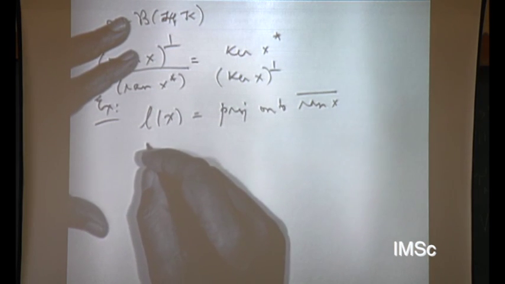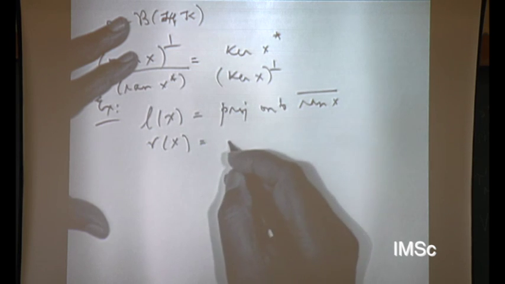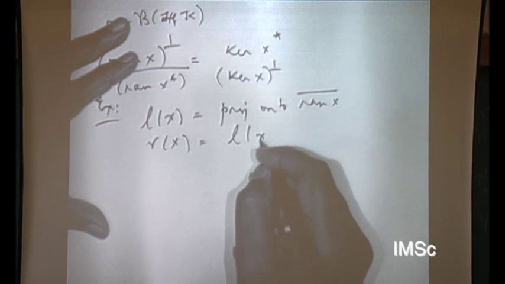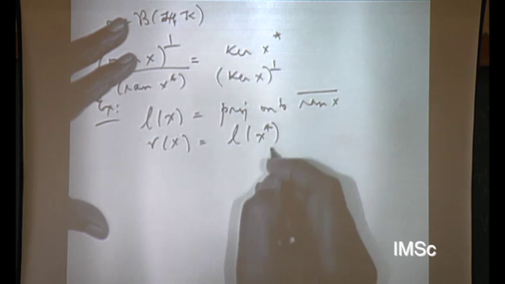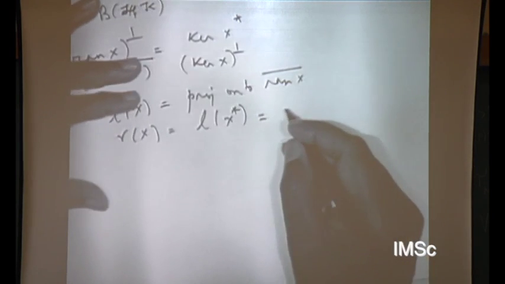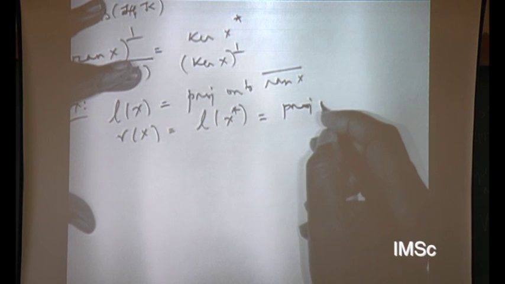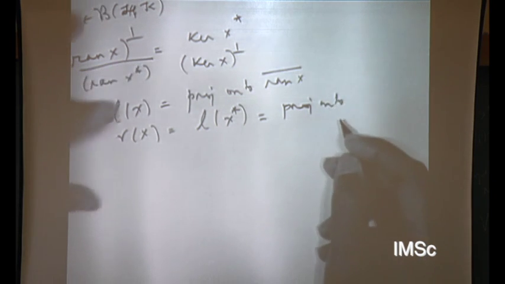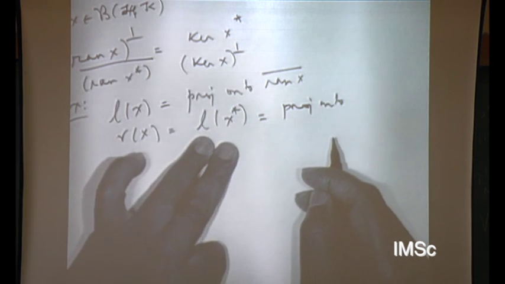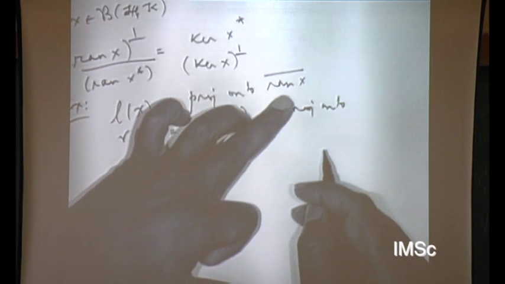And similarly, R of X actually equals L of X star, which is the projection onto range X star closure.